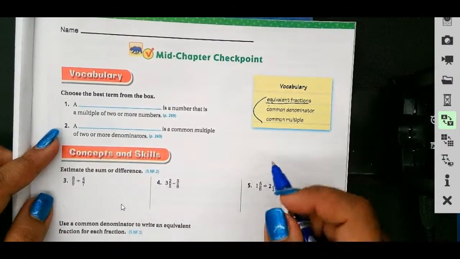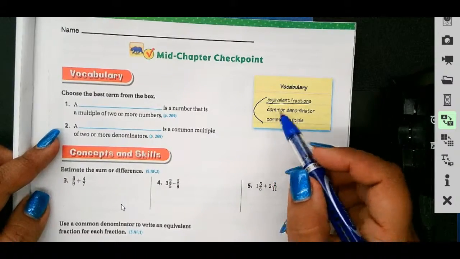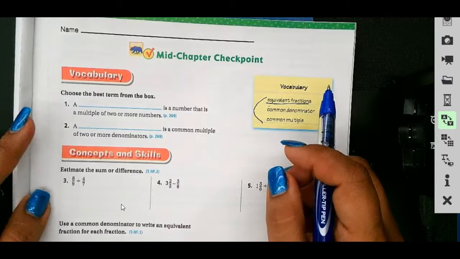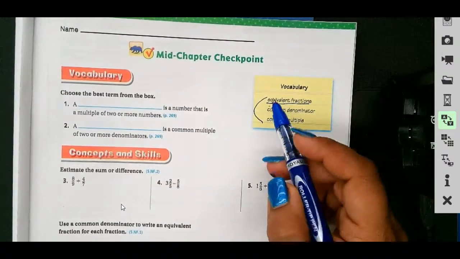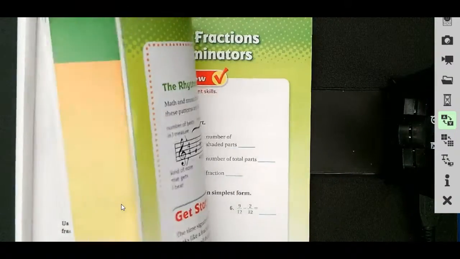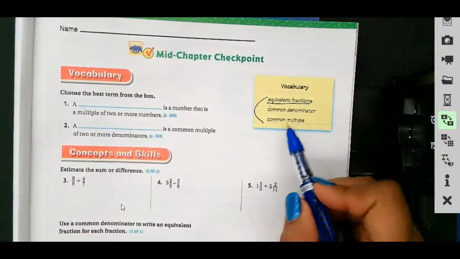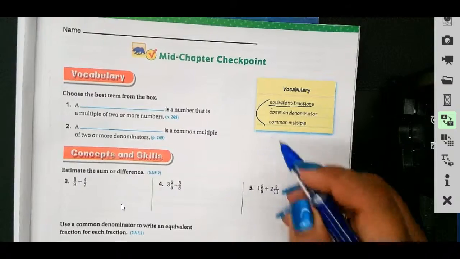So equivalent fractions are fractions that are equal to a fraction, but we use equivalent fractions to have a fraction with the same denominator. And then we have a common denominator. Common denominator is when we have a denominator.